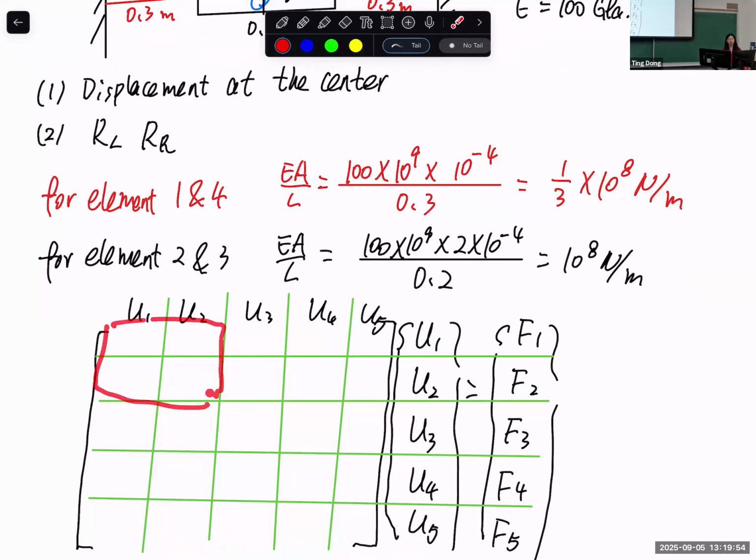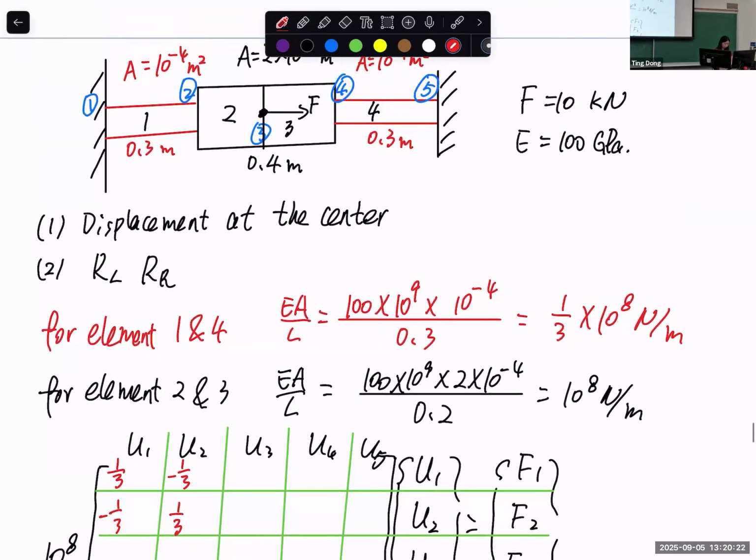Make sense or not? And of course, we have a common coefficient 10 to the 8 that we put outside of the matrix. So for element 1, we have positive 1/3, negative 1/3, negative, and positive. So this is for element 1.